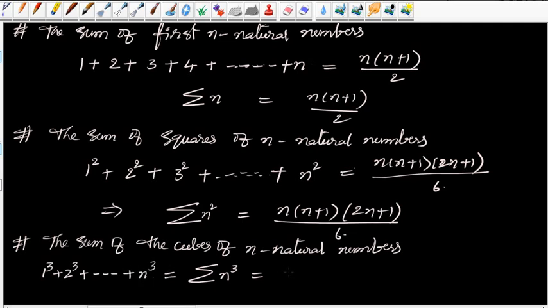The formula is this one, n into n plus 1 by 2, whole square. That means this answer should be equal to the square of the sum of the first n natural numbers. Okay, so these are the major concept formulas of mathematical induction. Okay, thank you.